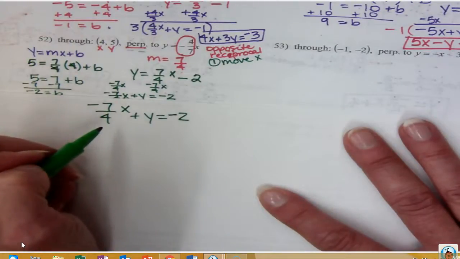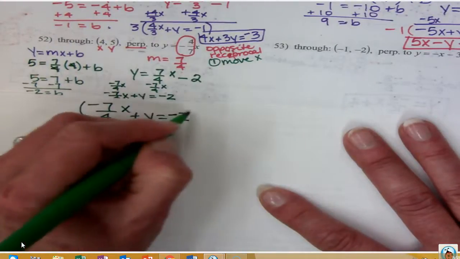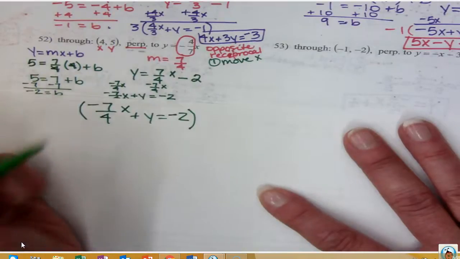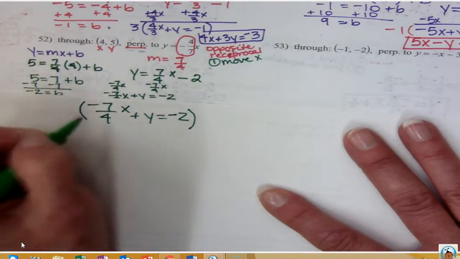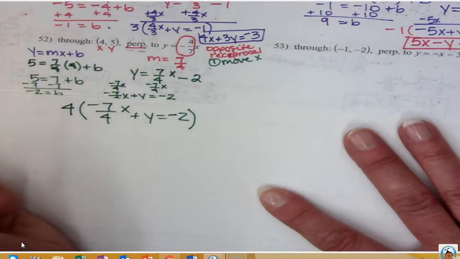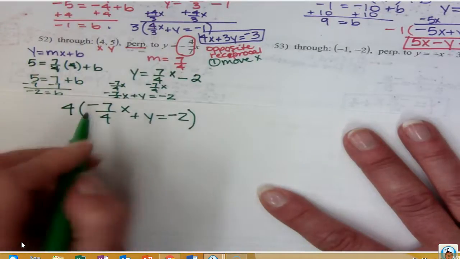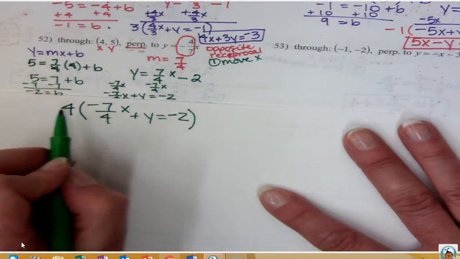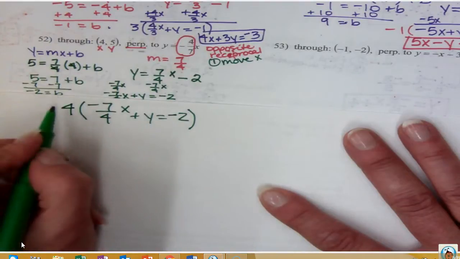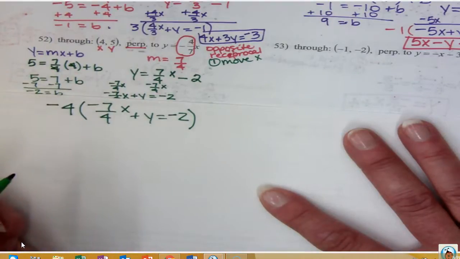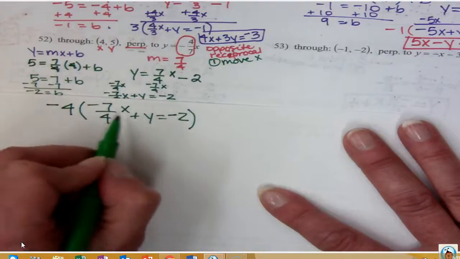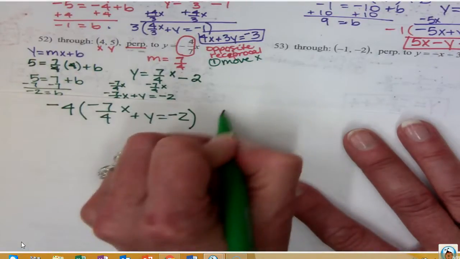The way I need to get rid of that is I can multiply this whole equation by the denominator, which is 4. And since this is negative, I need this to be negative because a negative times a negative will give me a positive, and I need my a to be positive.